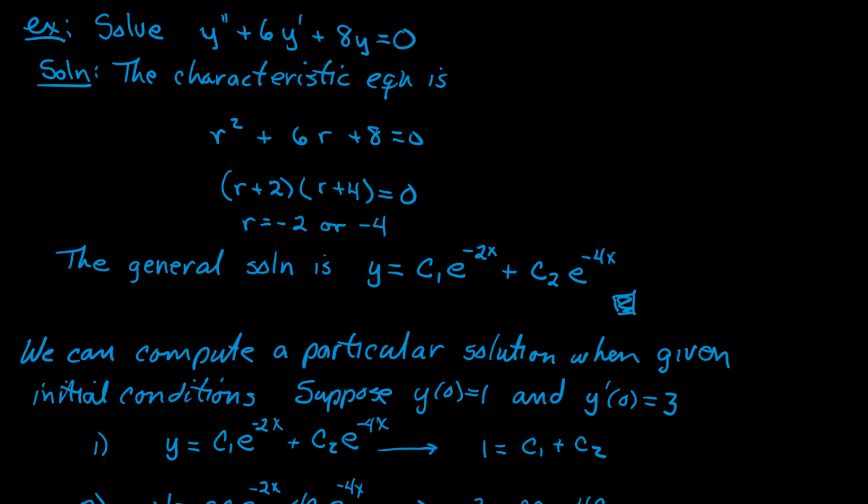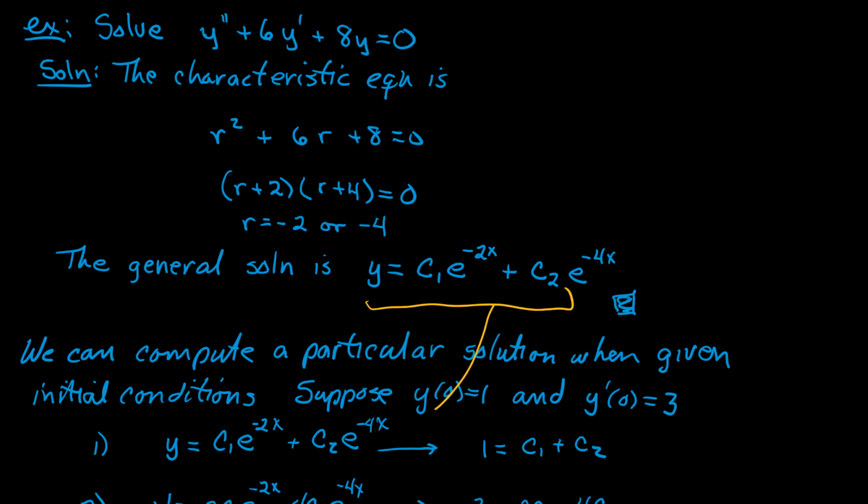Now, I mentioned that we can solve for the values C1 and C2 if we're given some specific initial information. I'm going to use this same differential equation and we're going to provide some initial values for it. We know our general solution right here.